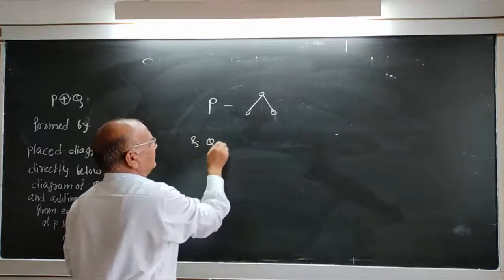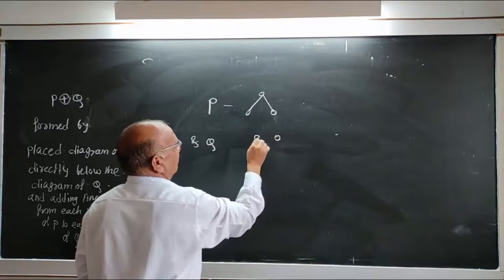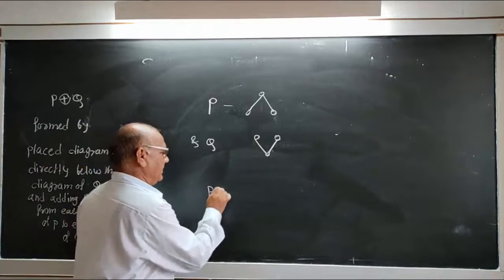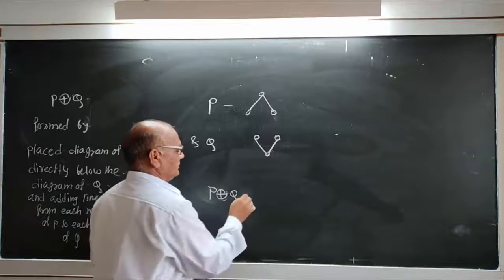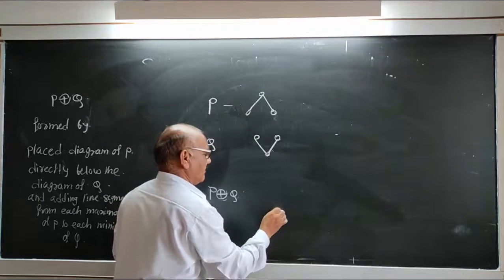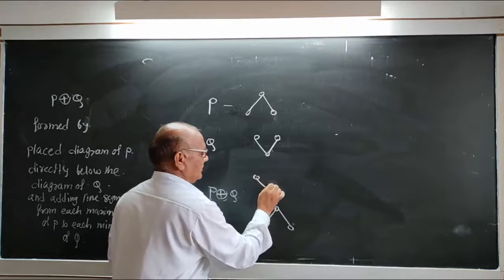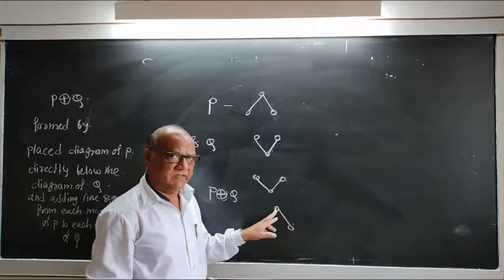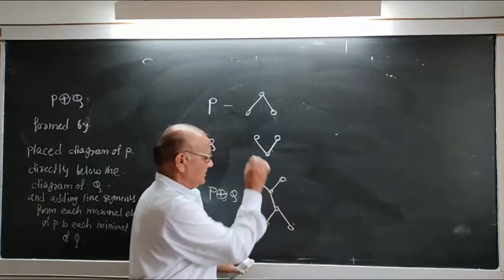and Q is equal to this. Then P additional circle Q is equal to: first draw the diagram of P, this diagram, then draw the diagram of Q. Here the maximal element of P is this element and the minimal element of Q is this element, joining these two.